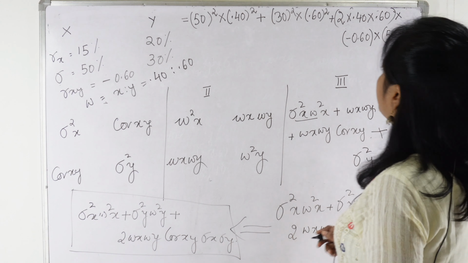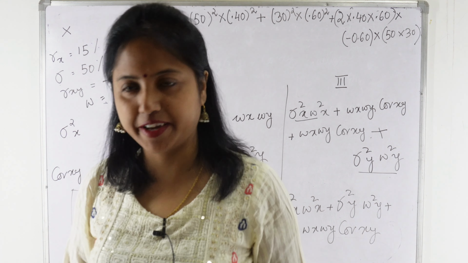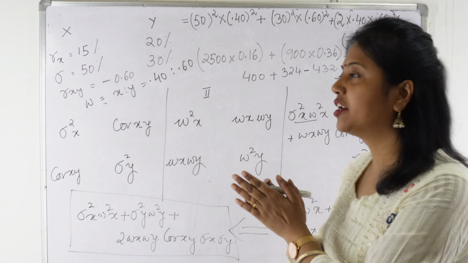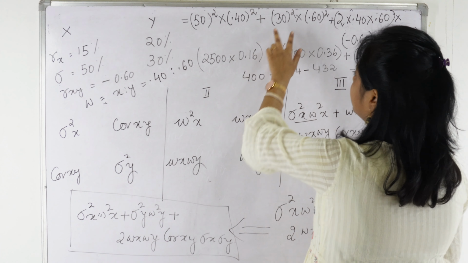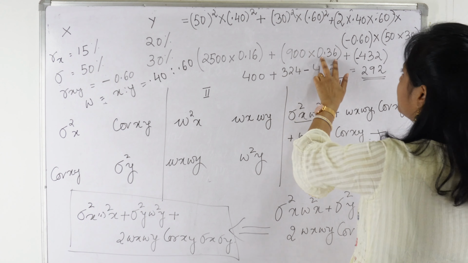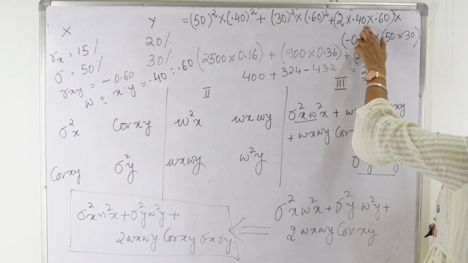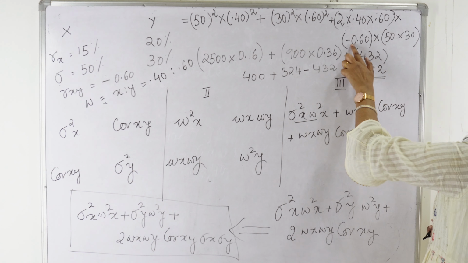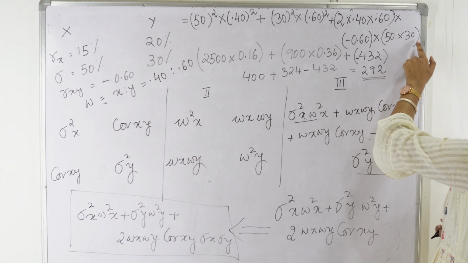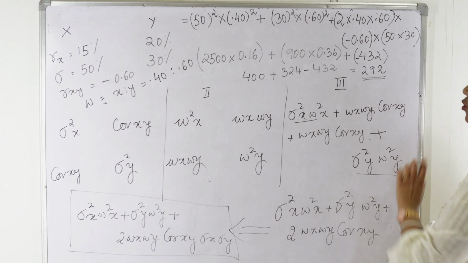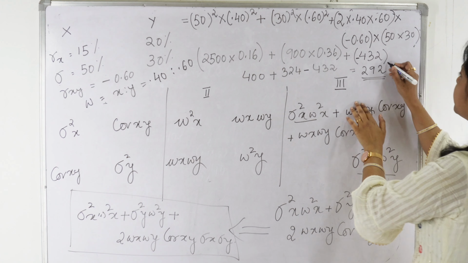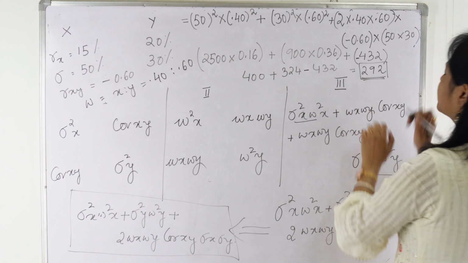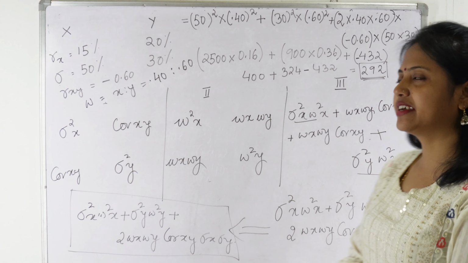Let's quickly take help of calculator and find out what's the value. The calculations I have done here, you can see this is 50 square written here, 0.4 square written here, 30 square written here, 0.60 square written here, 2 into 0.4 into 0.6 into minus 0.60 into 50 and 30 together minus 432. When we simplify this is the final, and ultimately I get 292.